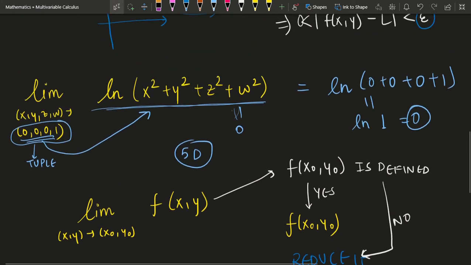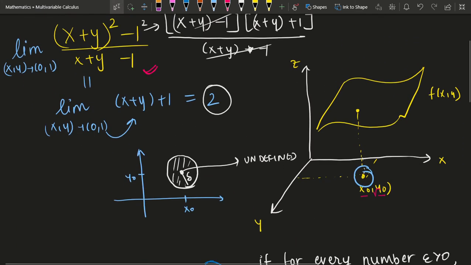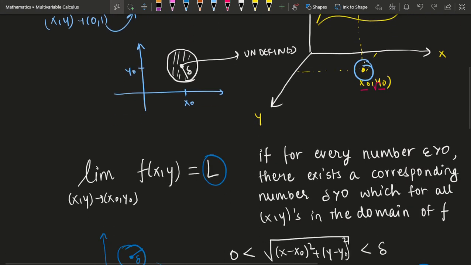So in the first example that we did, when we plugged this number into this function, the function became undefined. So we reduced it, we did some manipulations on that until we got rid of the indeterminate form.